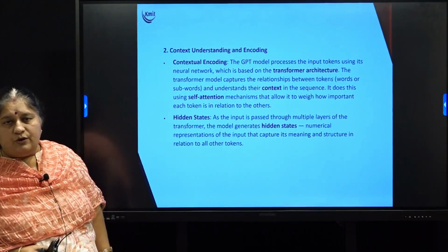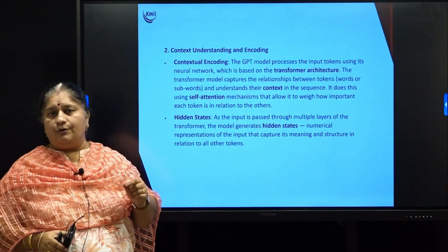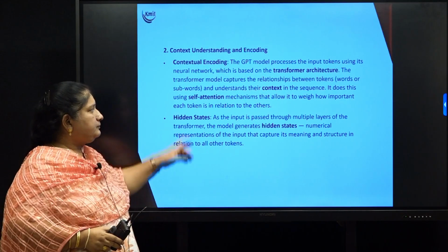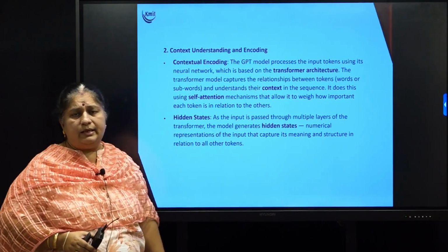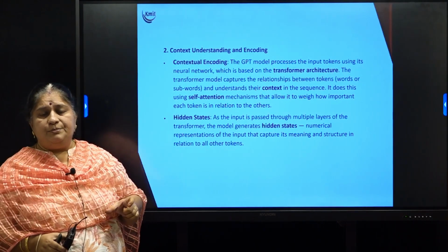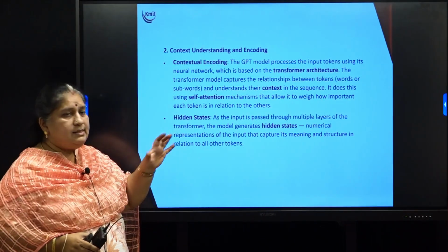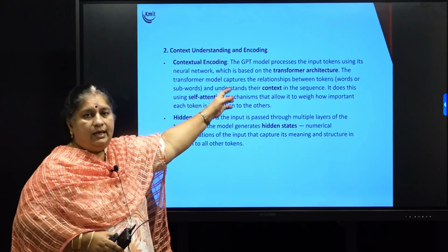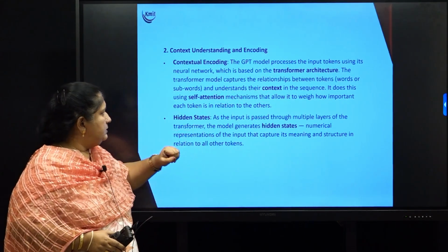Under the transformer architecture, we have the concept of encoding. What is the transformer architecture helping it do? It helps understand the relationship between various tokens in a sentence and their context in the sequence.